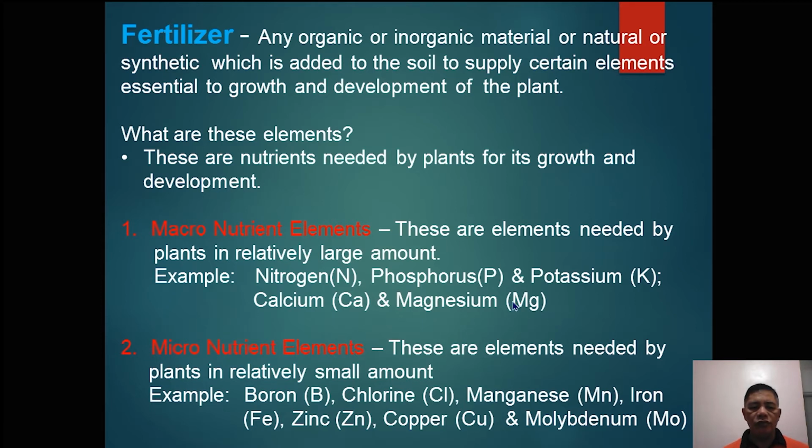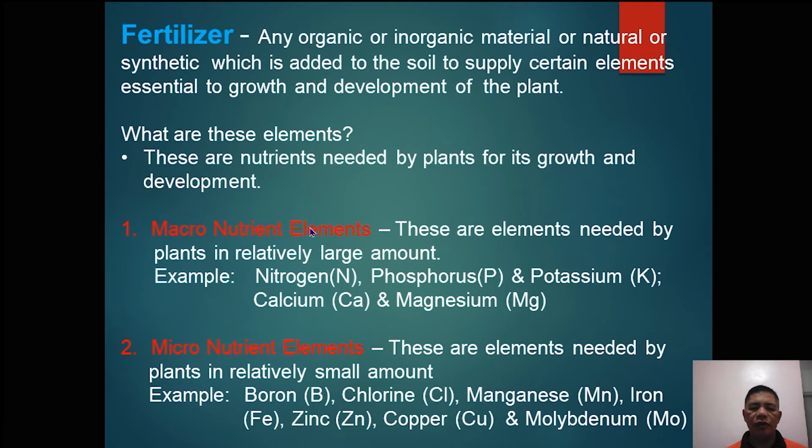And out of these 5 macronutrient elements, 3 are very significant for plant growth. We have nitrogen, phosphorus, and potassium.